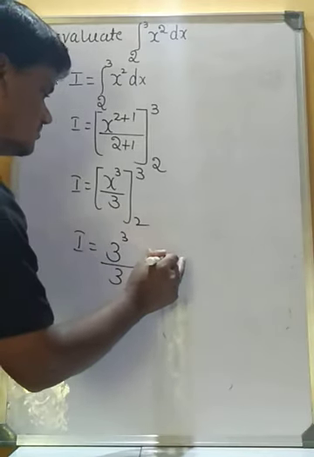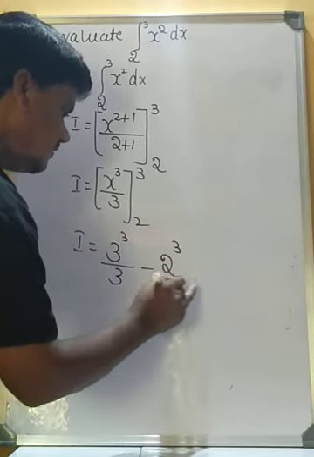The integral of x square is x to the power of 2 plus 1 divided by 2 plus 1, with upper limit 3 and lower limit 2. Therefore I equals x cube divided by 3, upper limit 3, lower limit 2. First substitute the upper limit, x is 3: 3 cube divided by 3, minus 2 cube divided by 3.